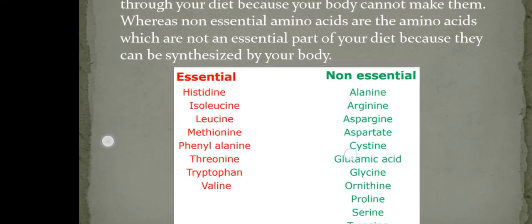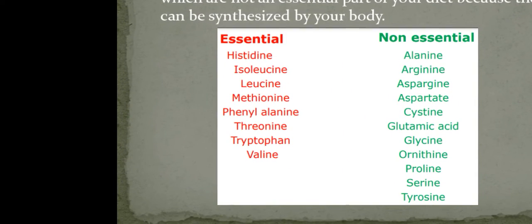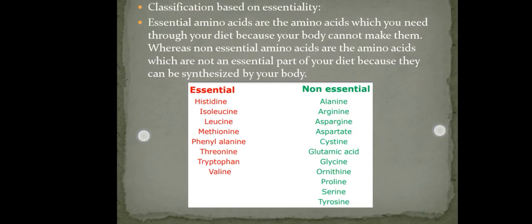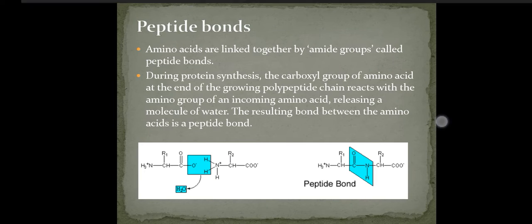Essential ones are histidine, isoleucine, leucine, methionine, phenylalanine, and so on. And non-essential are alanine, arginine, asparagine, aspartate, and so on. There are many more.